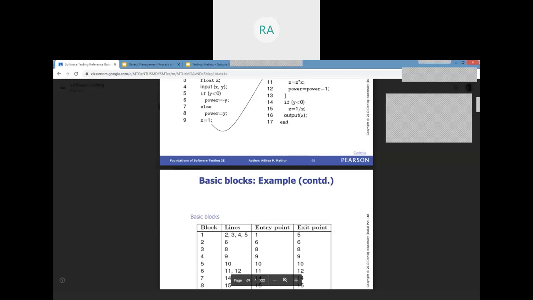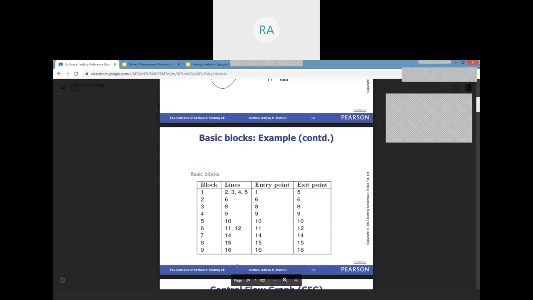Similarly for block numbers 3, 4, and 5. For block number 6, the entry point is going to be line number 11 and the exit point is going to be line number 12. And for block number 7, since it consists of a single statement, the entry and exit point will coincide.